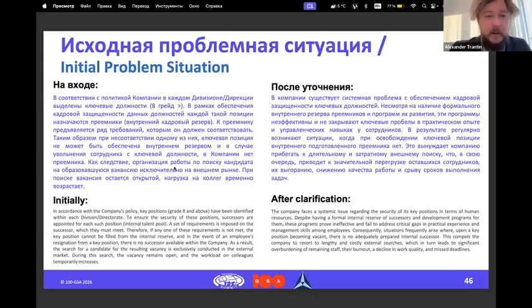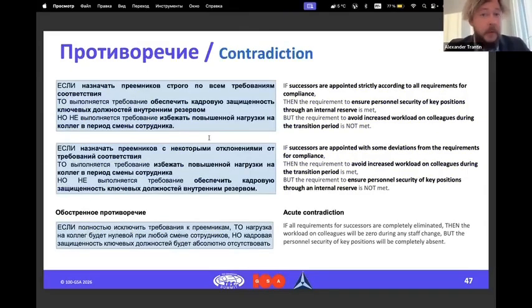And as we see here, initially and after clarification, the text is quite the same. That means that I had an experienced colleague here, and she knows how to deal with TRIZ, and she understands well how to solve the tasks. The logic is the same.